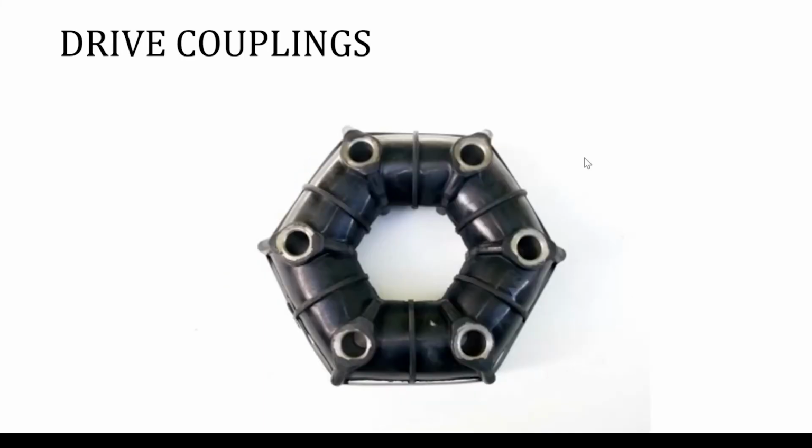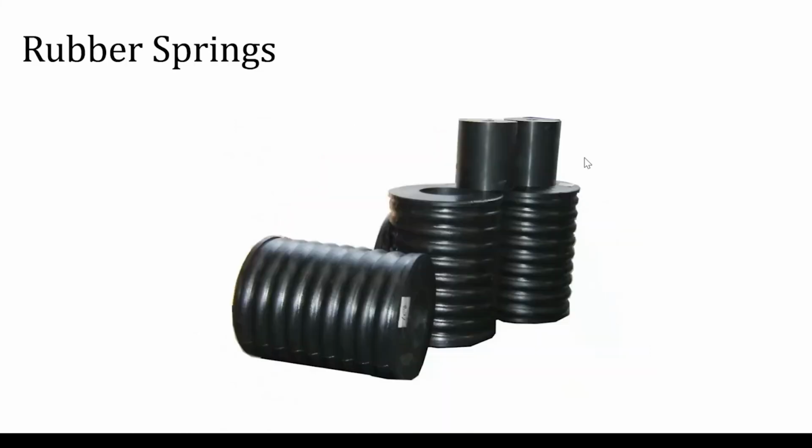Next. Drive couplings. Drive couplings are power transmission components used to couple the shafts of various mechanical devices. Drive couplings can be used to compensate for shaft misalignment. Usually, it is used for making shaft combinations. Next. Rubber springs. Spring rubbers are a quick, low-cost way of changing spring rates.